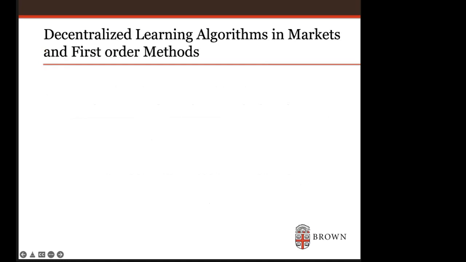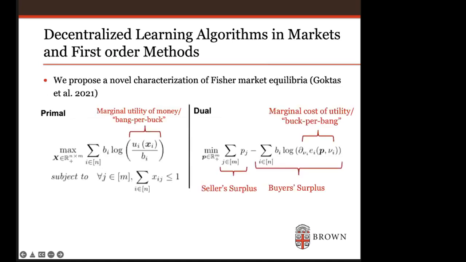So some of my work that has tried to do this has actually tried to establish an equivalence between first-order methods and different decentralized learning algorithms in markets. So very recently, in a paper that has appeared at WINE 2021, we have provided a novel convex program characterization of market equilibria in a large class of markets called Fisher markets.